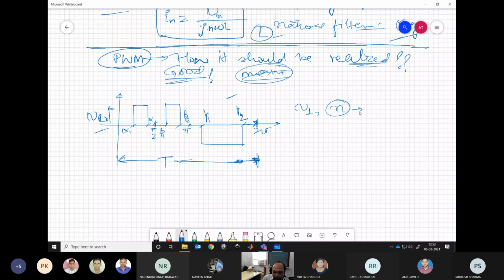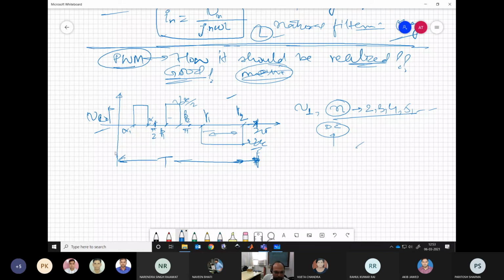So this n can be 2, 3, 4, 5, any number, because I am not specifying any particular value for these alpha 1, alpha 2, beta 1, beta 2, gamma 1, gamma 2, and it may even have a DC component also. Although these levels are equal, the intervals may be unequal, so it may have a DC component also.